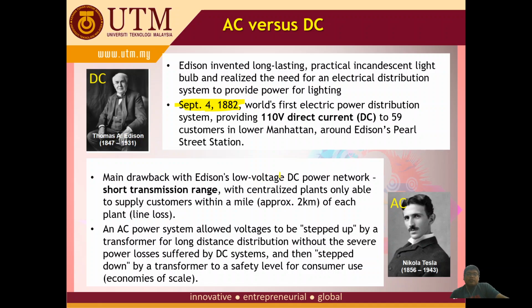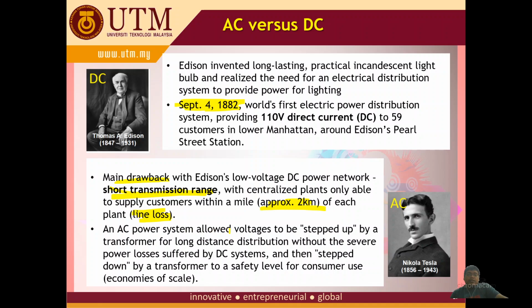Tesla found out that Edison's invention had a main drawback, a disadvantage especially for long transmission range. Edison only covered short transmission range, but there is a problem when it's more than 2 kilometers, where they have to handle what we call line losses.